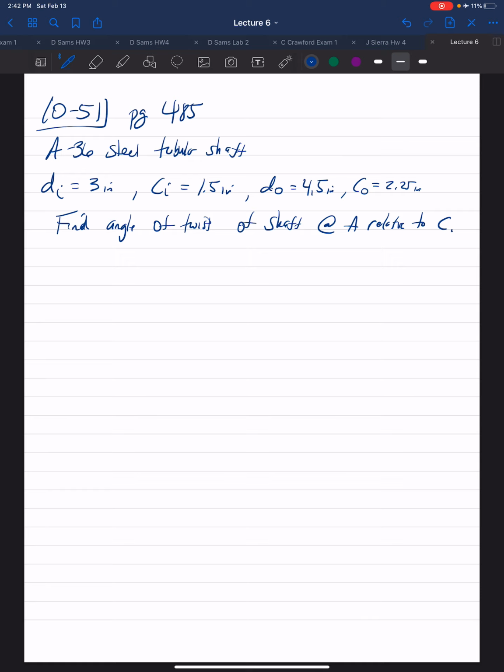All right, so here we're subject to two different torques, so we have to use our summation formula of your torques times your length over polar moment of inertia and your modulus of rigidity. So now we have to find our internal torques here.